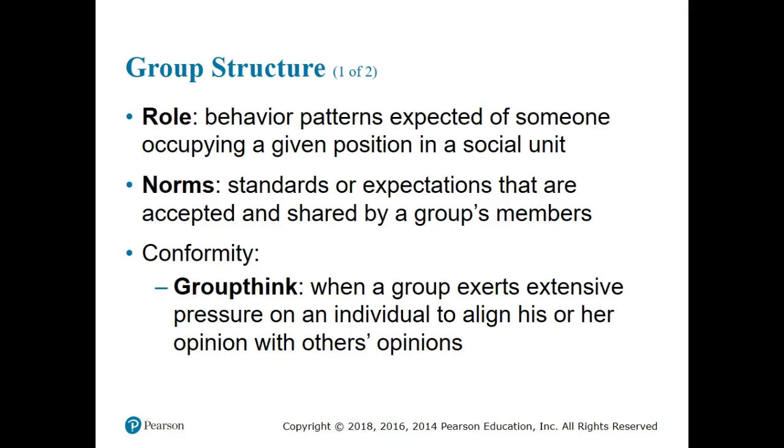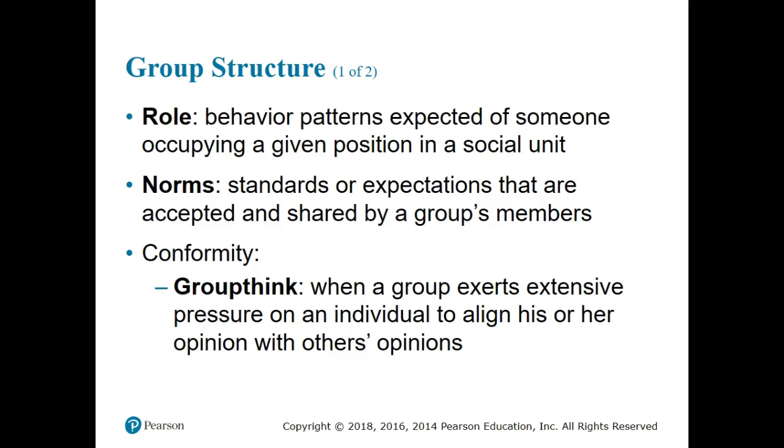Now, because individuals want to be accepted by groups to which they belong, they're susceptible to pressures to conform. But conformity can go too far, especially when an individual's opinion differs significantly from that of others in the group.